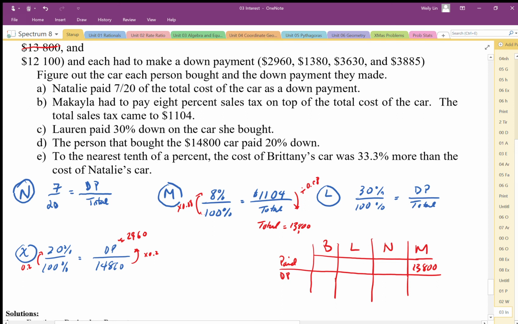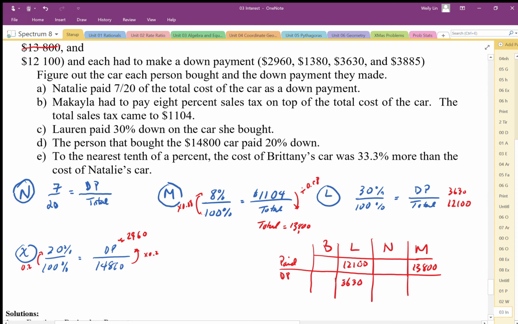So we figured out Lauren. The down payment is 30%, and the two numbers that go together are 12,100 and 3630. So 3630 is the down payment.